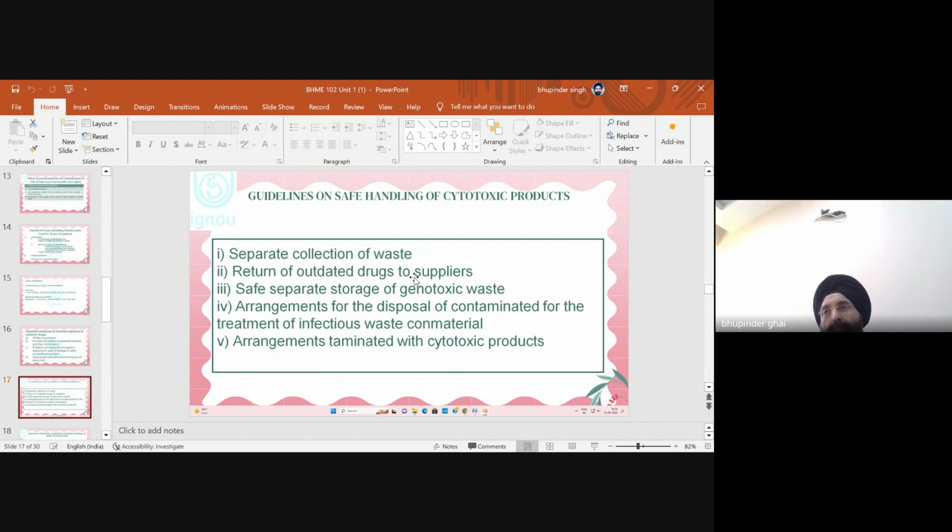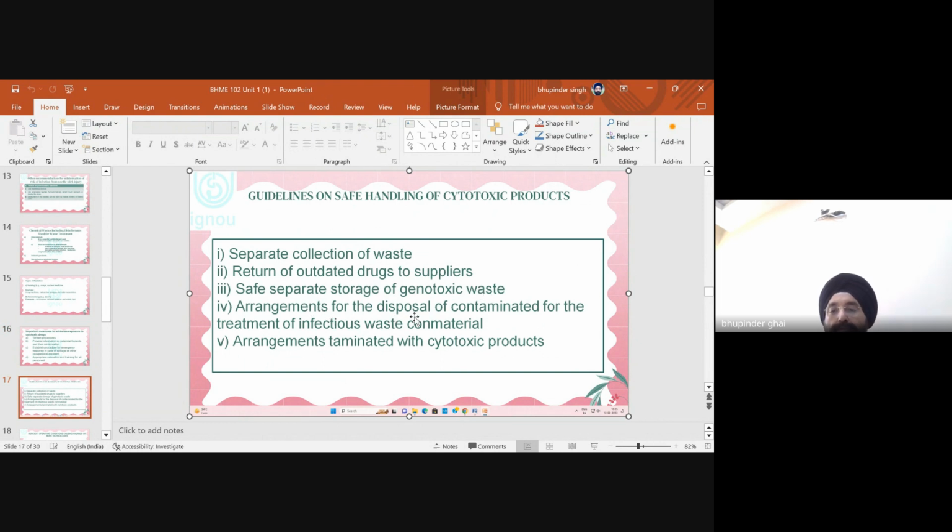Suppose at the hospital, cytotoxic drugs are there which have expired. These cannot be used, but after expiry also, they will have a toxic effect. So this cytotoxic drug should be returned back to the supplier, and it should be stored at a separate place, not along with the other drugs.